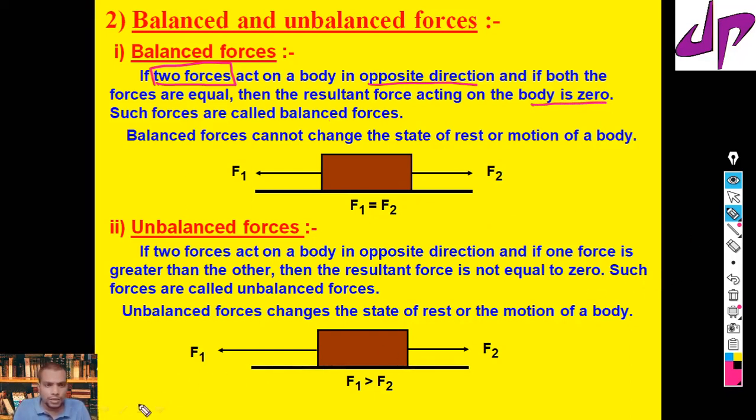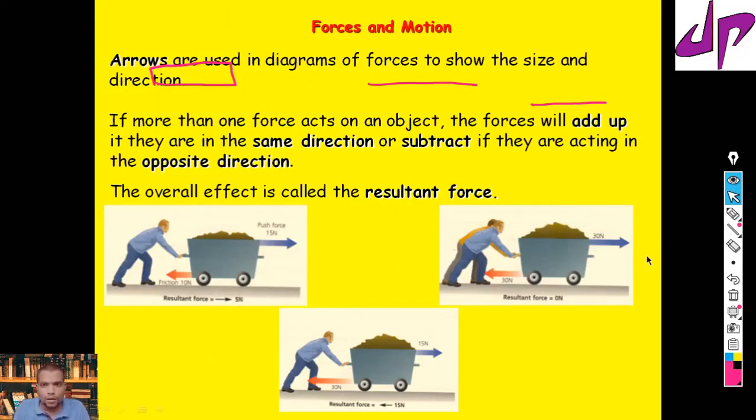Now if you see the previous example, in this third figure, if you observe closely, the applied force is 30 Newton and the friction force is also 30 Newton. In this case, what is the resultant force? The resultant force is equal to 0 Newton.